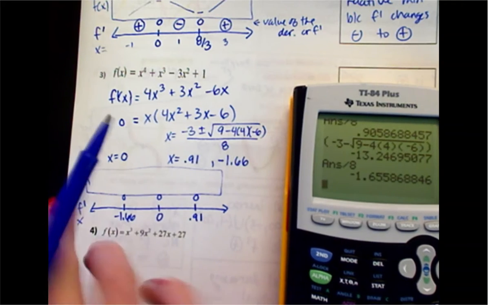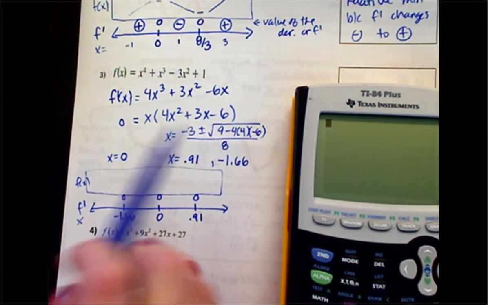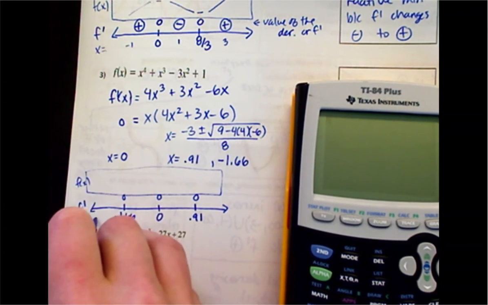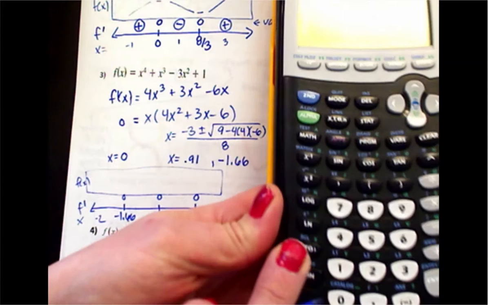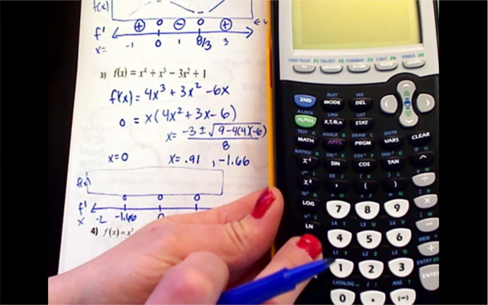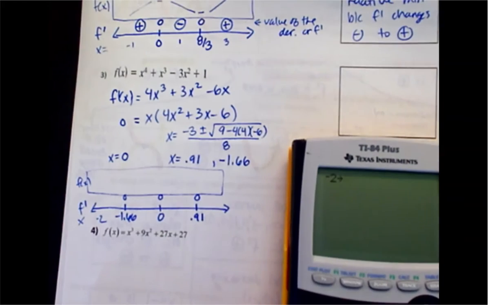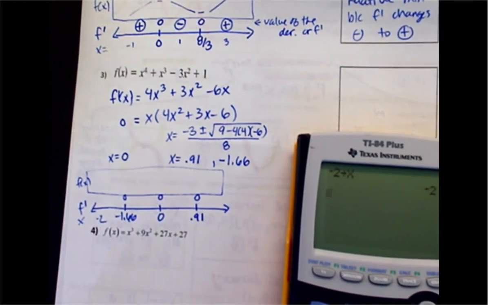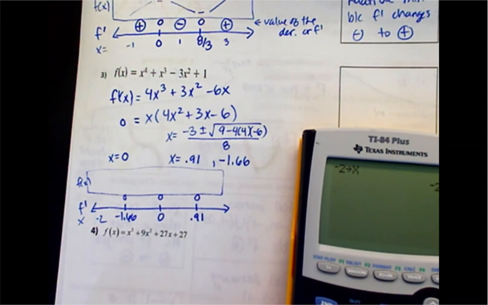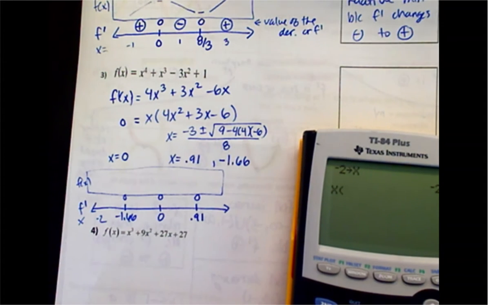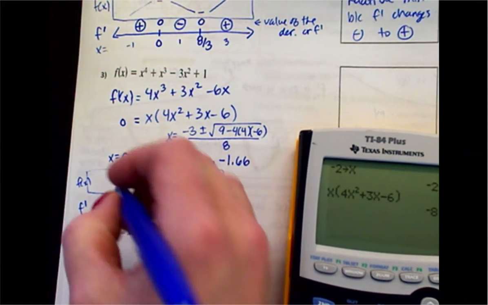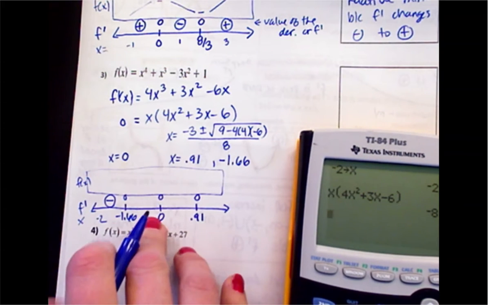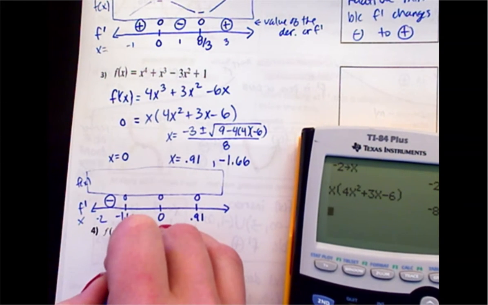Okay, so if you are still typing in values to evaluate, we've got a negative 2. Your store button is right here between the 1 and the 4, so I'm going to hit store, and I'm going to say x. That way, in order to evaluate, I can just type it in: x parentheses 4x squared plus 3x minus 6. Negative. Something in here like negative 1.